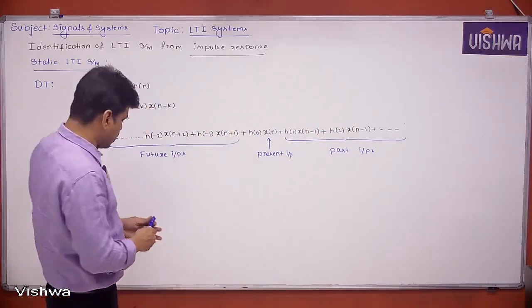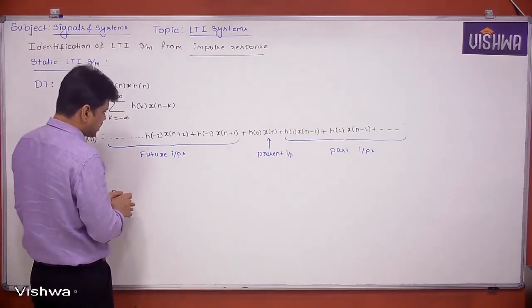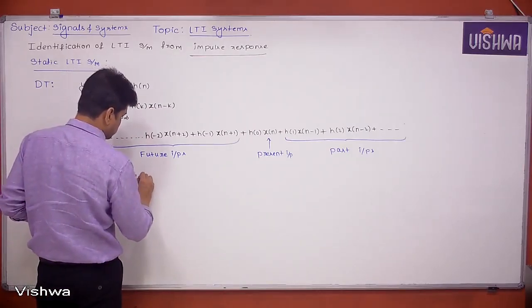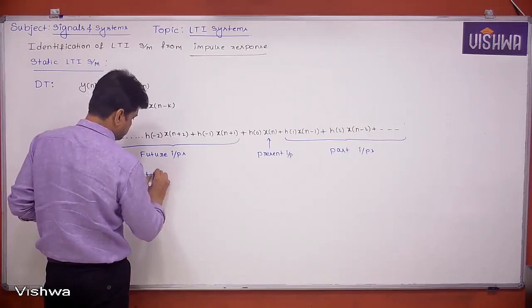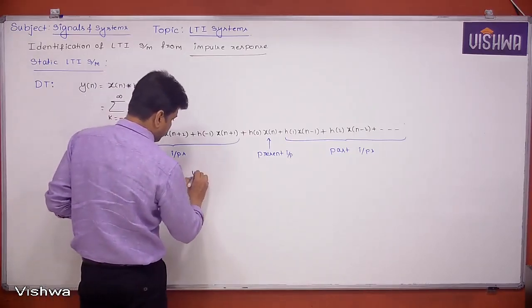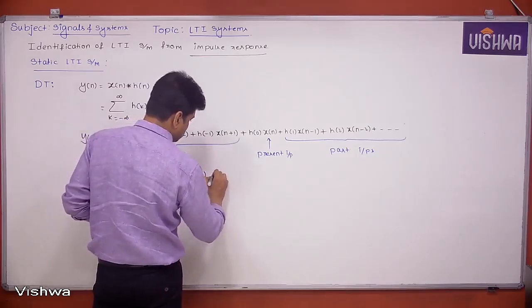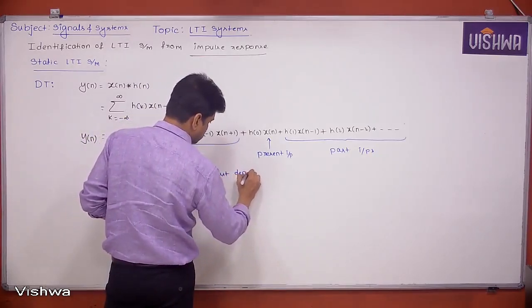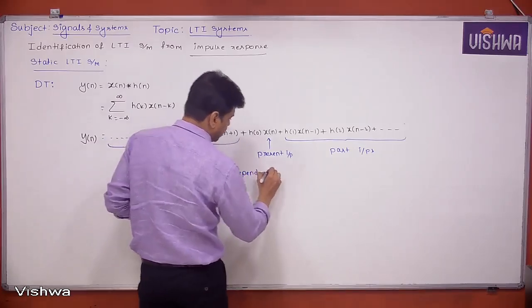Clear? So for a static LTI system, y of n must depend only on x of n.